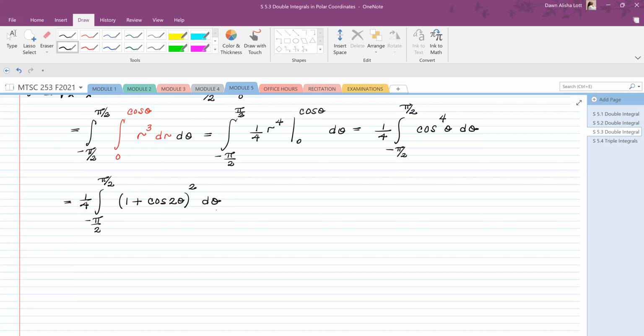So therefore, I square that. Oh, and I'm missing a half. So the 1/2 that gets squared is 1/4. So that's the 1/2 that gets squared. Okay. So now I get 1/16 the integral between minus pi over 2 and pi over 2. And now I have 1 plus 2 cosine 2 theta plus cosine squared 2 theta.